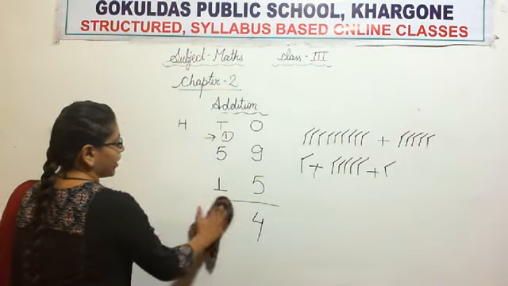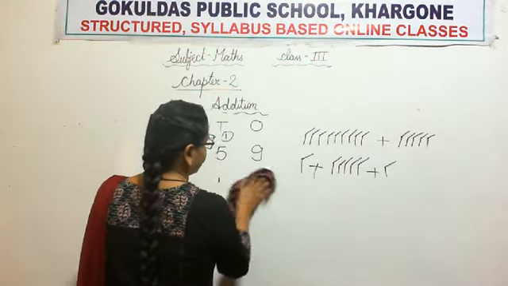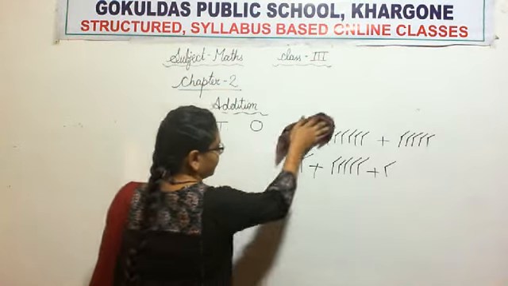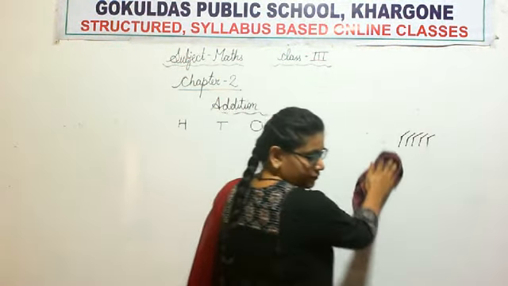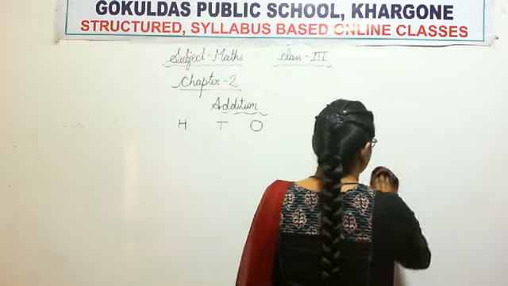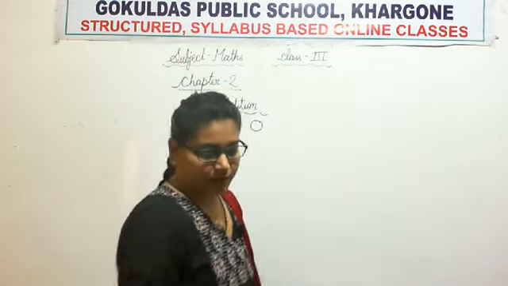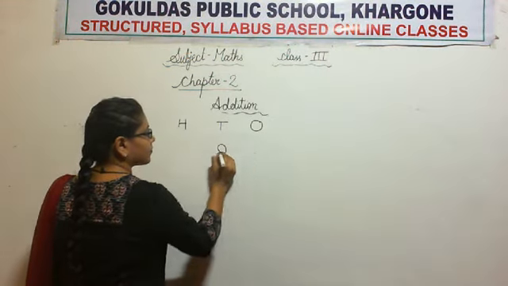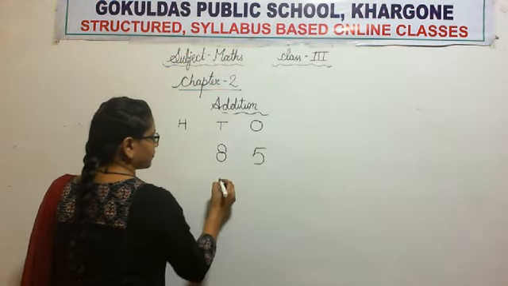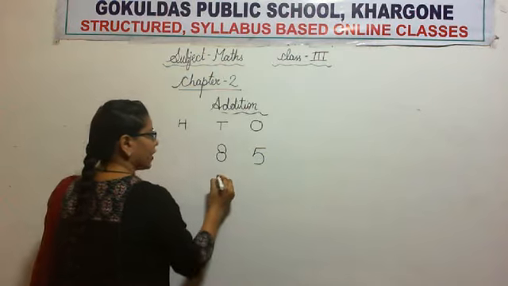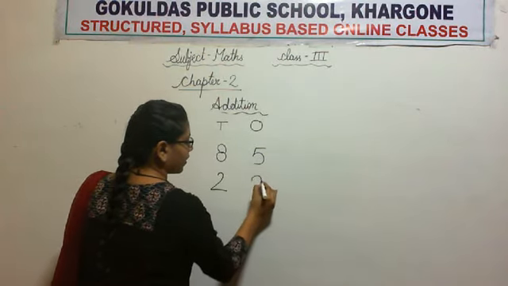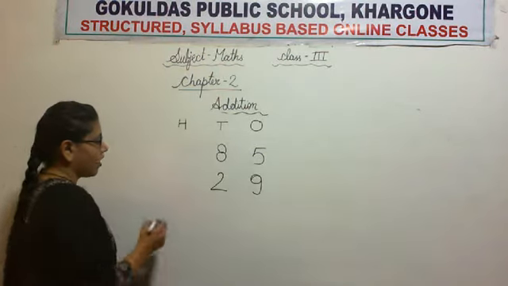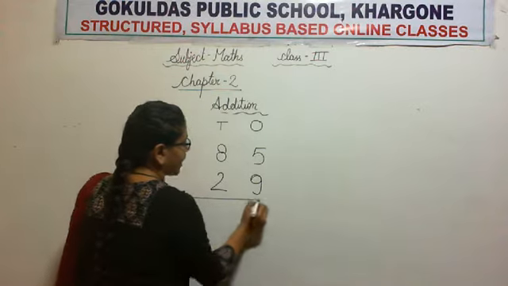Now let's see one more example. Let's add 85 and 29.